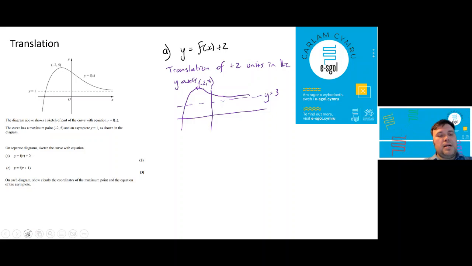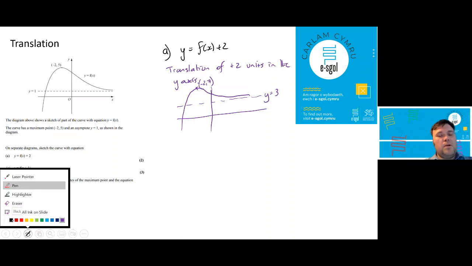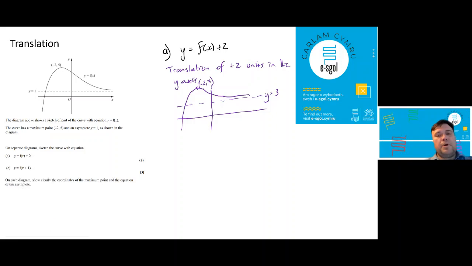Now let's do part B. Notice that the number is inside the function itself, inside the brackets. So this time you're going to have a translation. So for y equals f of x plus 1, you're going to have a translation of minus 1 unit in the x-axis.